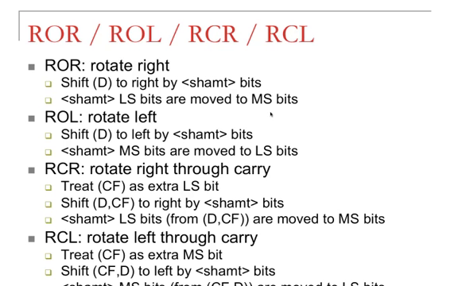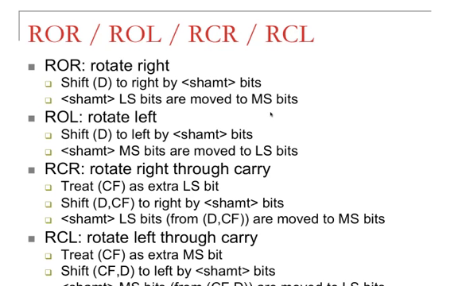We have four kinds of rotation instructions: ROR, ROL, RCR, RCL. The first letter R is the rotation, and the last letter, either R or L, indicates the direction of the rotation. So ROR is rotate to the right.